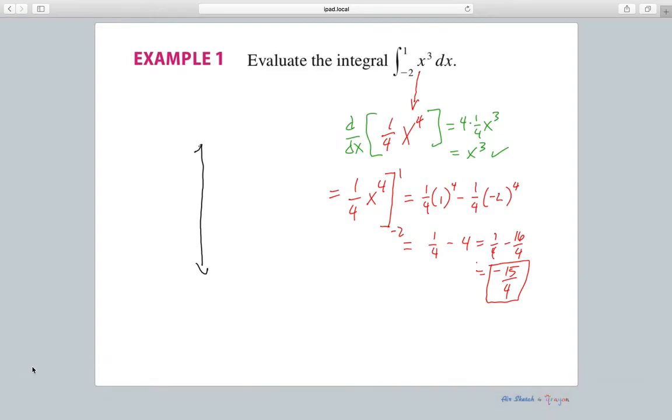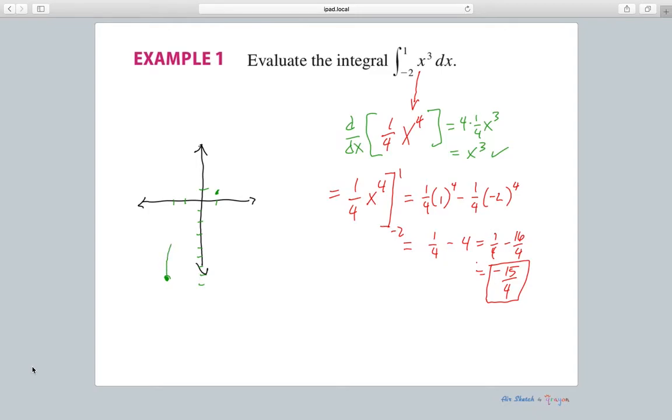So if I sketch this out real quick, you all know hopefully what a cubic roughly looks like. But at -2, x cubed would be at -8. So it'd be like way down here. At +1, x cubed would be at 1, so up here.